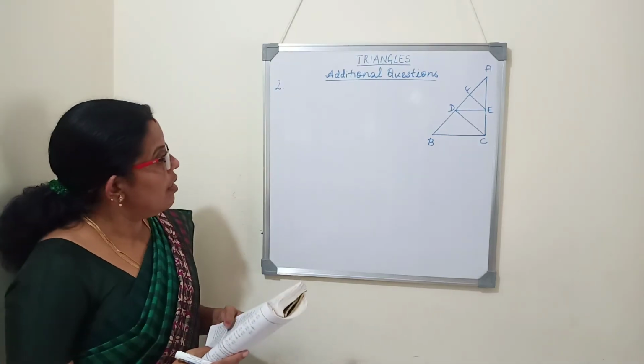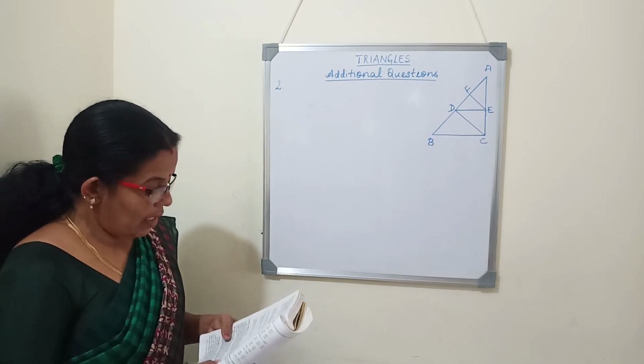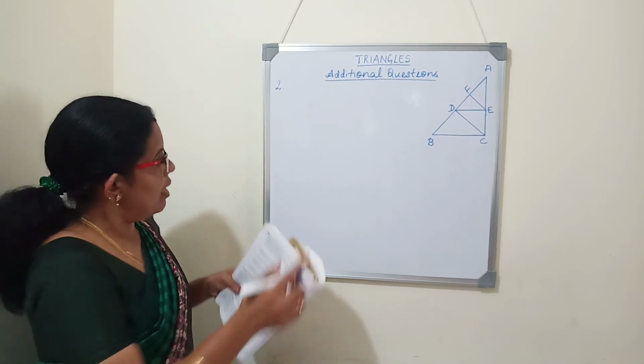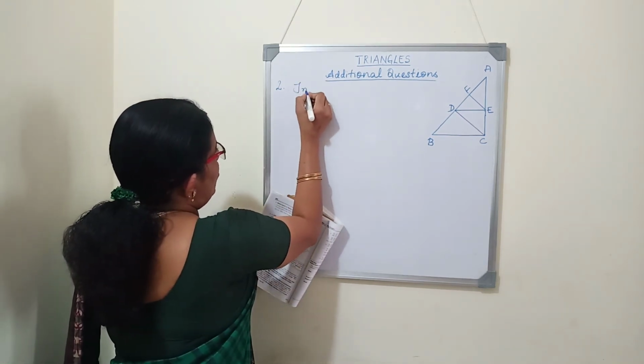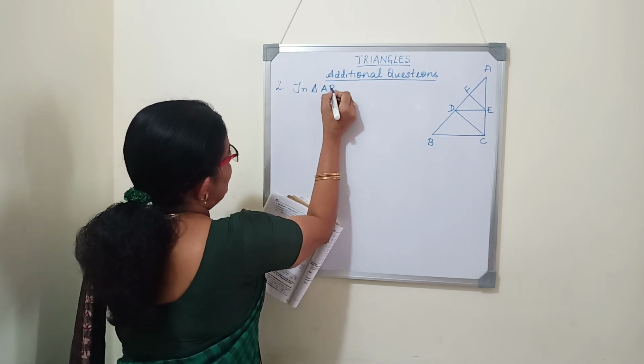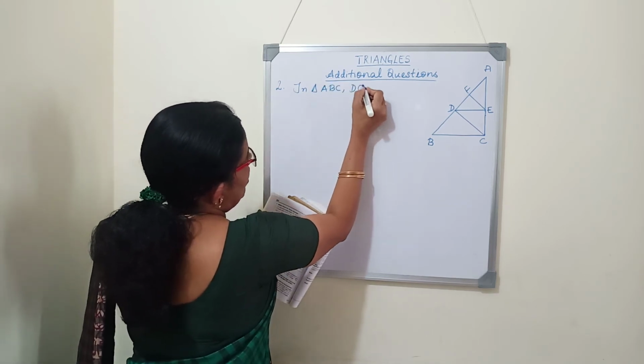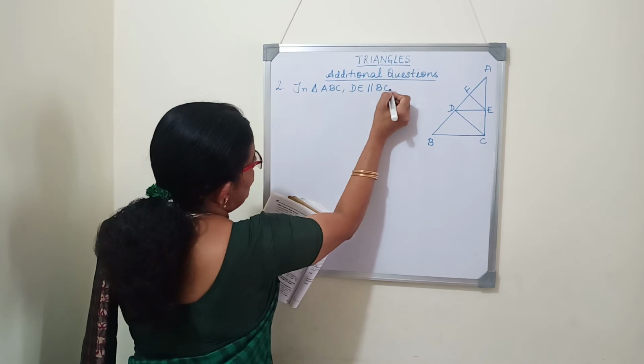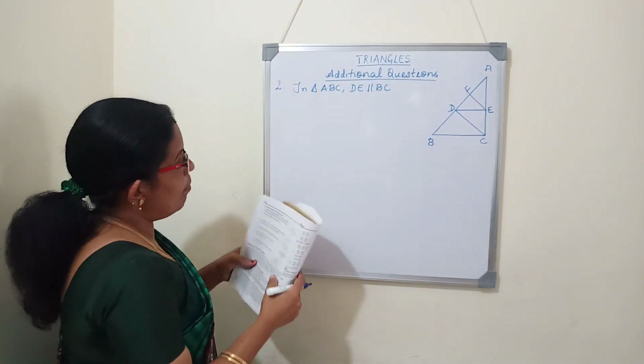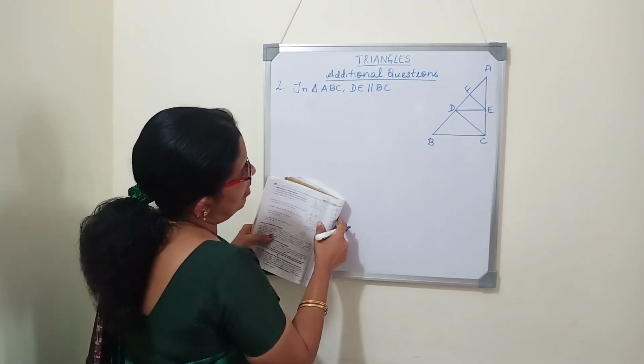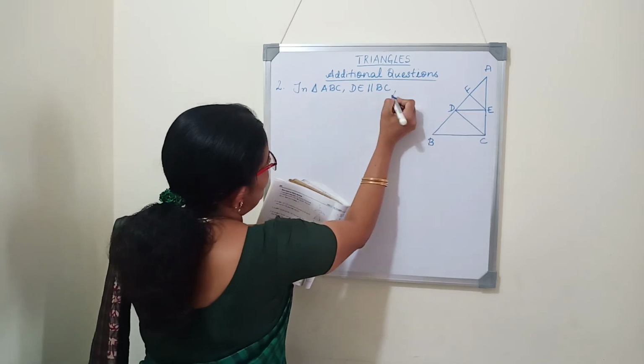Next question. In triangle ABC, DE parallel to BC, and CD parallel to EF.